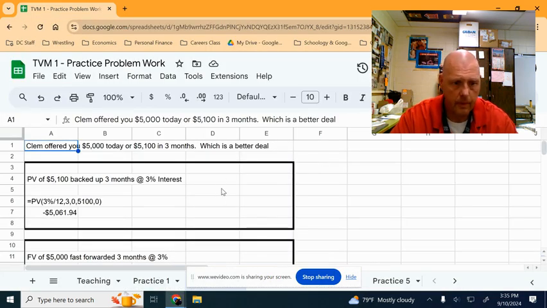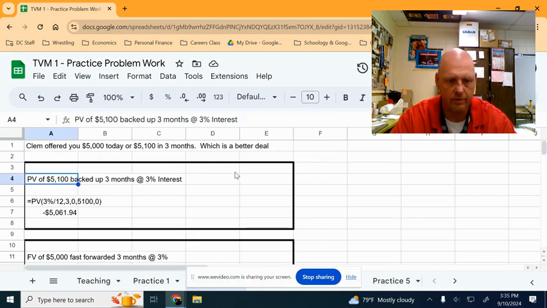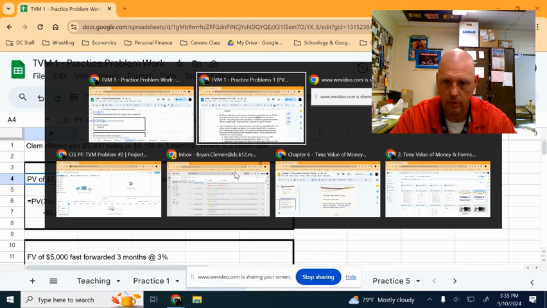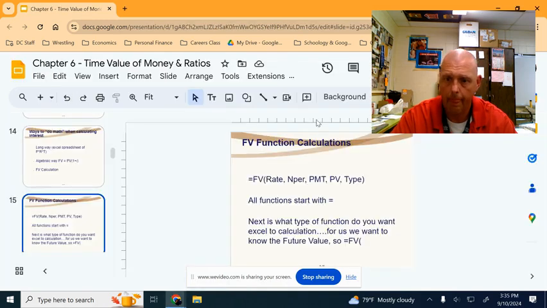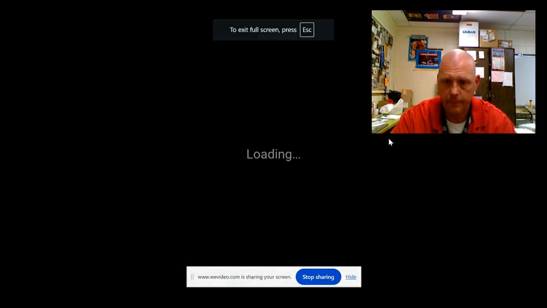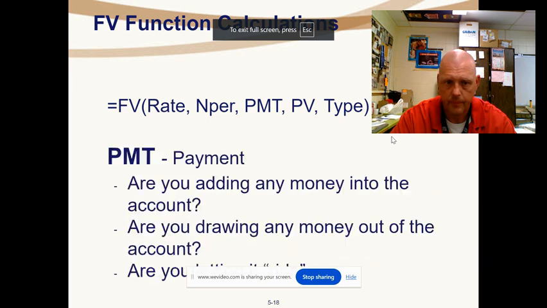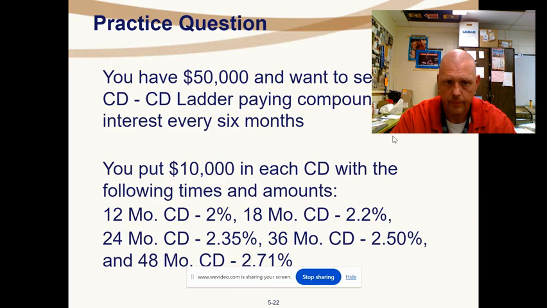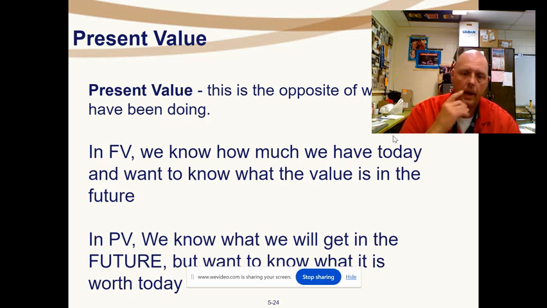The first problem we're going to deal with is something called present value. So we're going to go back to our slideshow. Present value, again, is the opposite of what we've been doing.